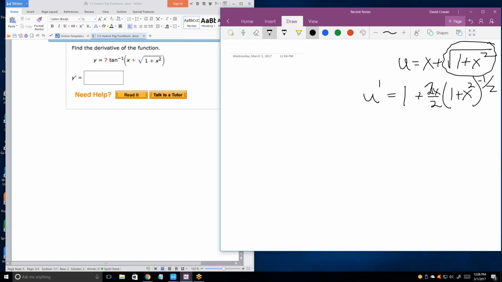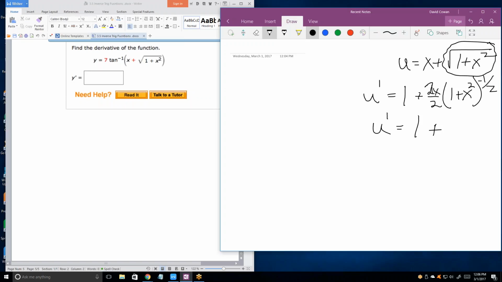That's pretty much what the chain rule says: you take the derivative of the outside times the derivative of the inside. Well, the derivative of the inside is u prime. Okay, so this is like a multiple chain. Well, not really. There was only one chain rule involved in this problem.